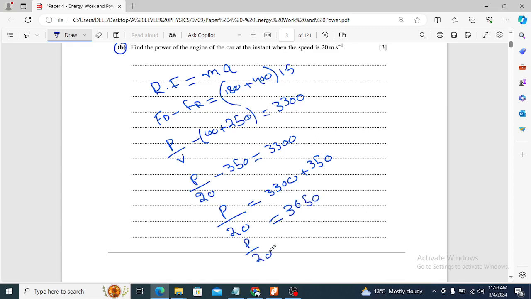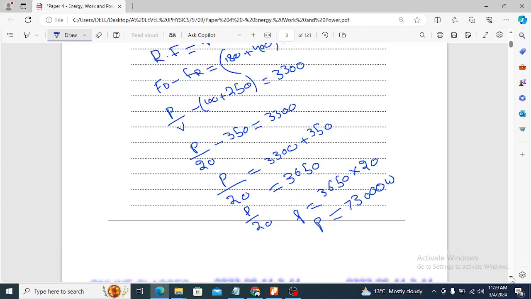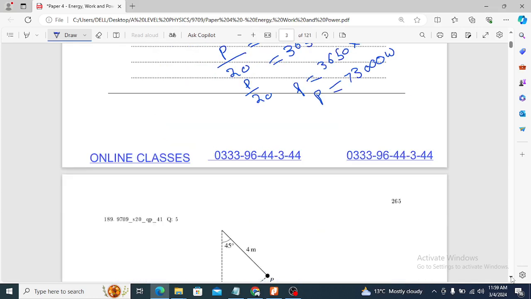Power over velocity is 3650. Now finally, the power equals 3650 multiplied by 20, and the final answer is 73000 watt. So this is the power of the engine of the car at the instant when the speed is 20 meter per second.